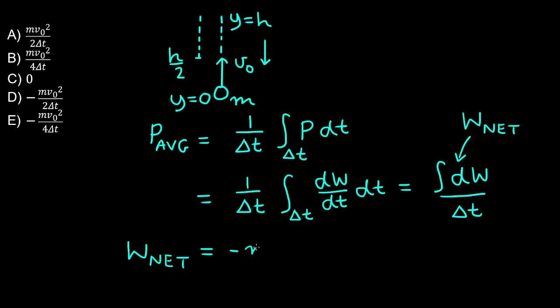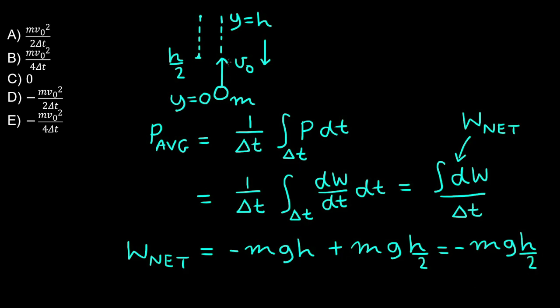So we have minus mgh, and from this point to h on 2, the gravitational force does positive work. So therefore, we end up with the net work as minus mgh on 2.